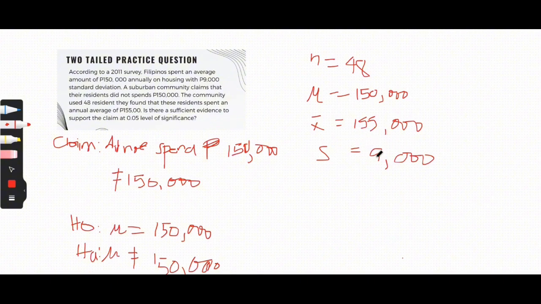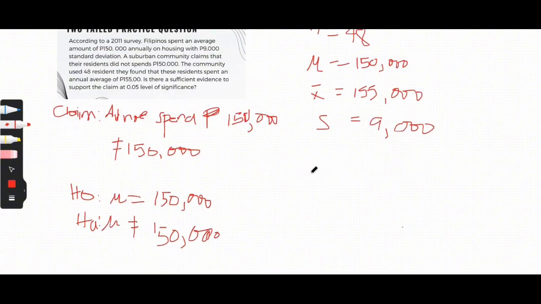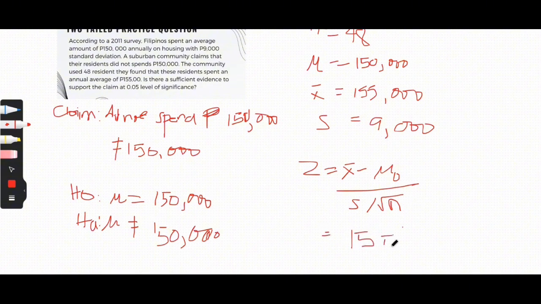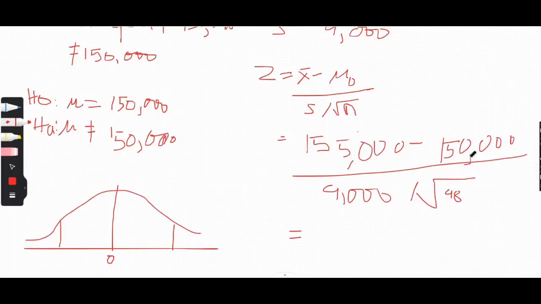Now that we have identified our givens, we substitute them into our z-test equation: z equals the sample mean minus the population mean, over sigma, our standard deviation, divided by the square root of n. Substituting our givens: 155,000 minus 150,000 over 9,000 divided by the square root of 48. That leaves us with 4.23.